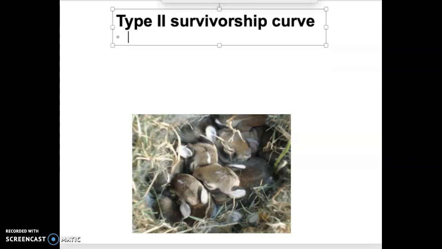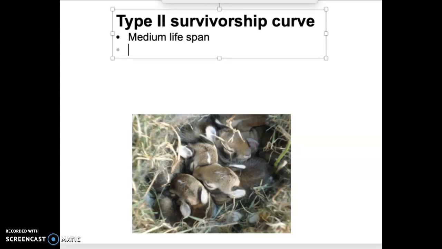Organisms that fit type 2, we're just going to say they have a medium lifespan. Okay, so they're not going to live 100 years. They might only live 2, 3, 5, 8, whatever years.